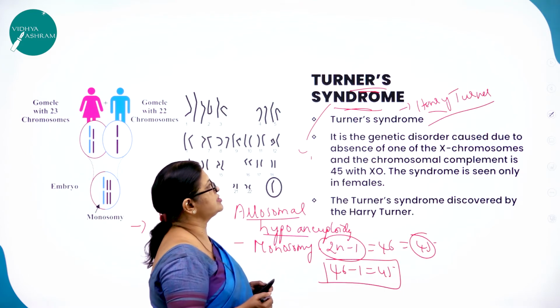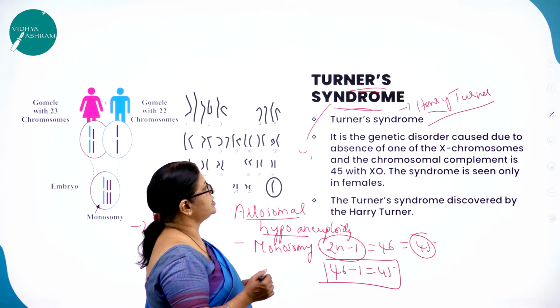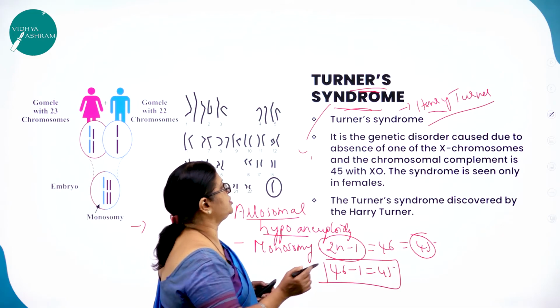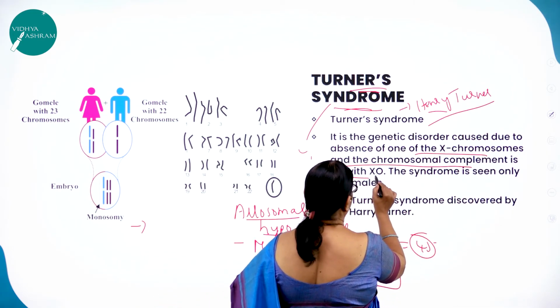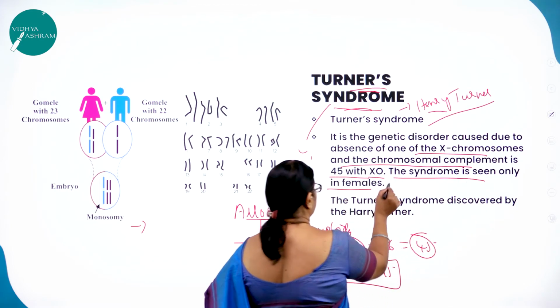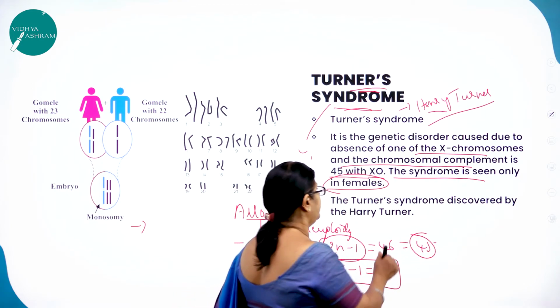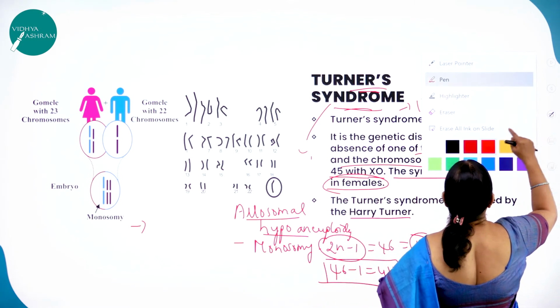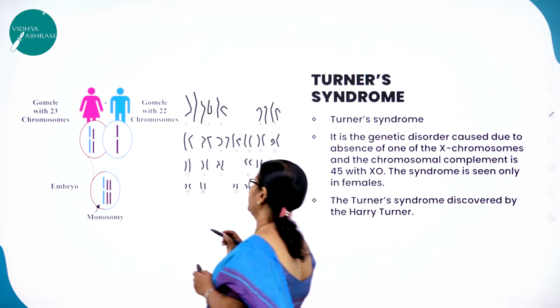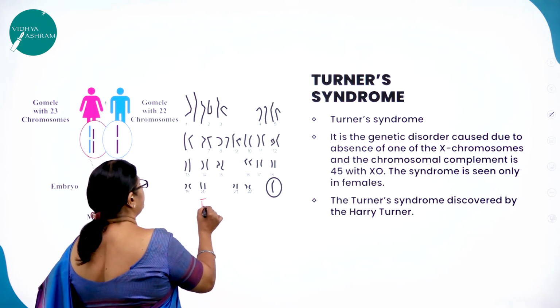Now let us see what this disorder is. Turner's syndrome is a genetic disorder caused due to the absence of one X chromosome, and the chromosomal complement is 45 with XO. The syndrome is seen only in females, right? As I said, it was first time discovered by Henry Turner. So this occurs only in females.